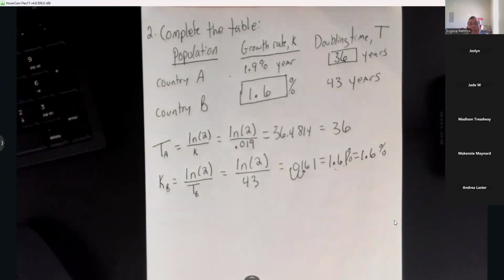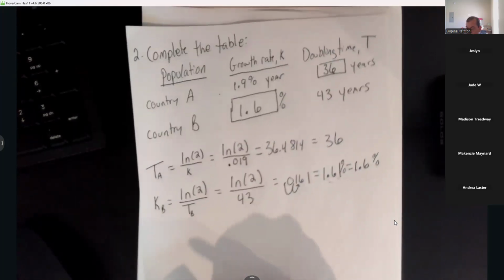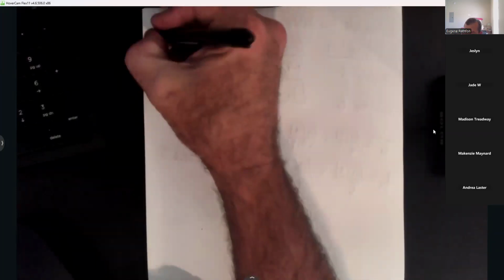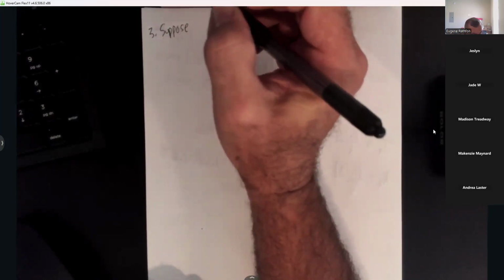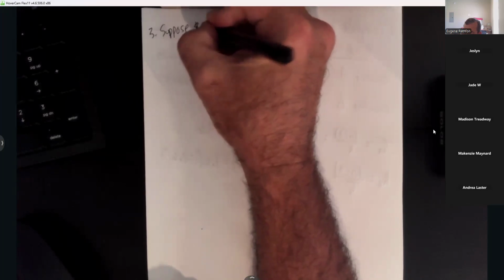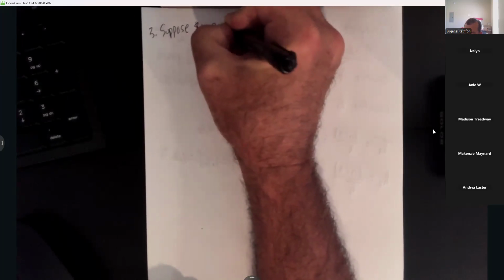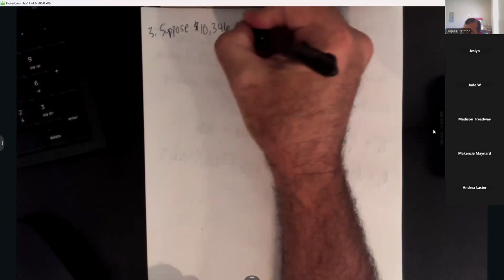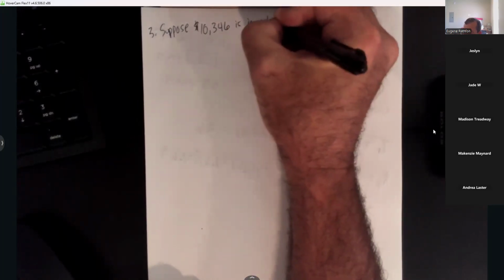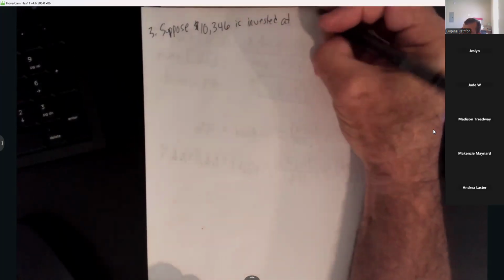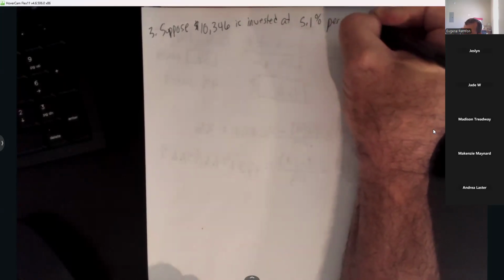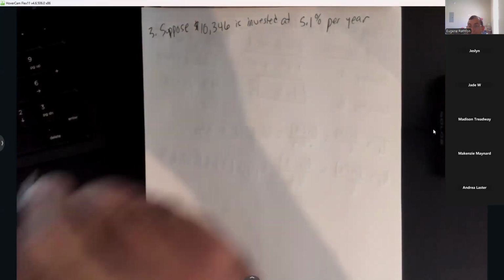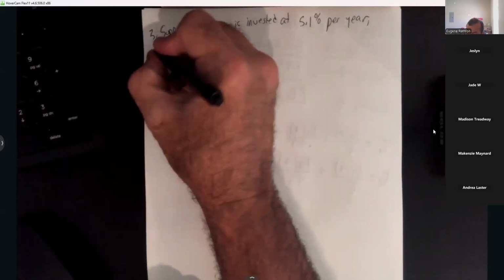All righty, the next one will be an investment problem. So here we go. So y'all suppose $10,346 is invested at 5.1% per year, compounded continuously.